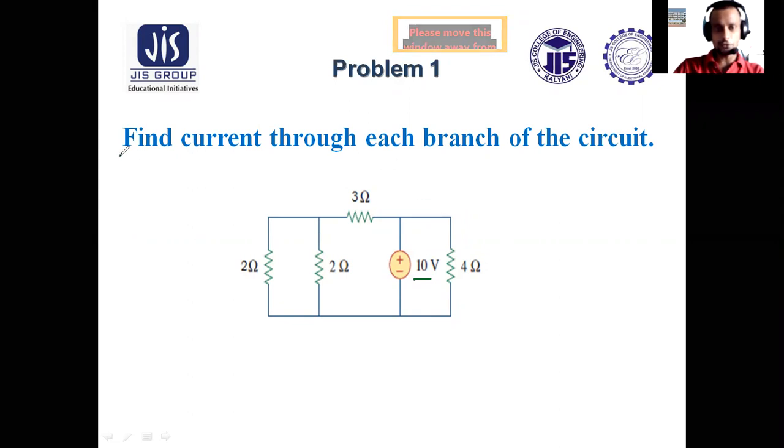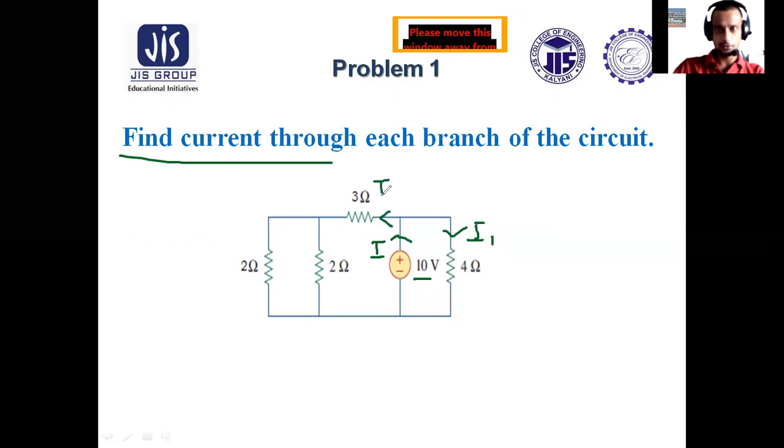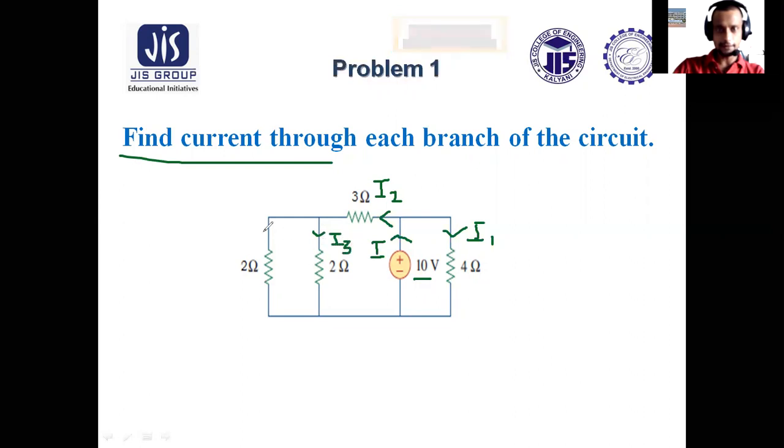Whenever we are asked to find the current through each branch, first you need to know the main current. We'll be applying the current divider rule to get the total current. Suppose this current is I. Say this is I1, this is I2, this current is I3, and this current is I4.